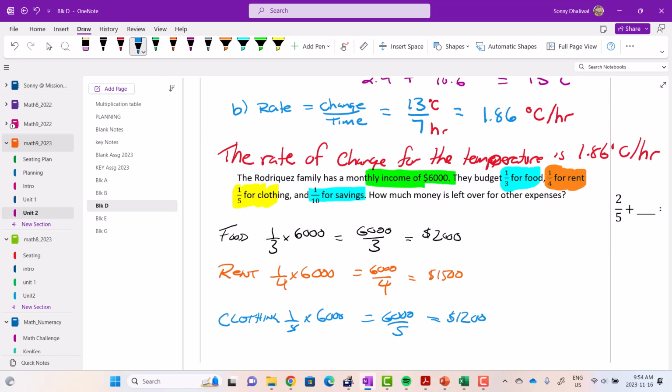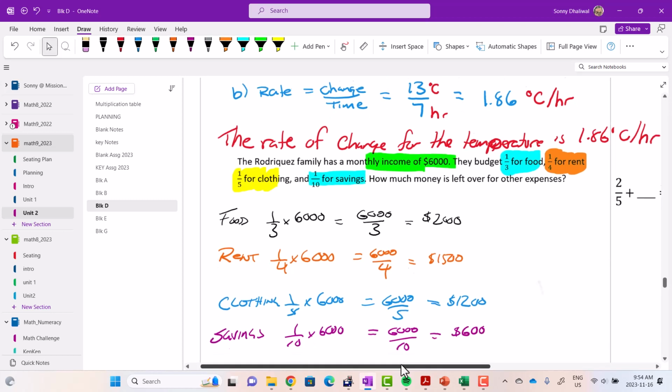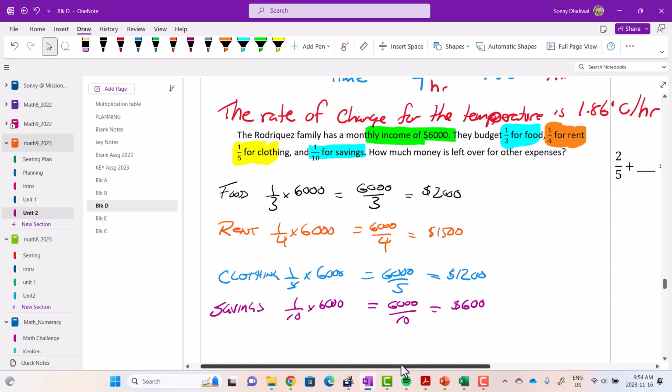All right. And finally, we have savings, which is a tenth. So 6,000 divided by 10 would be $600. Right? So these are all their expenses and savings.